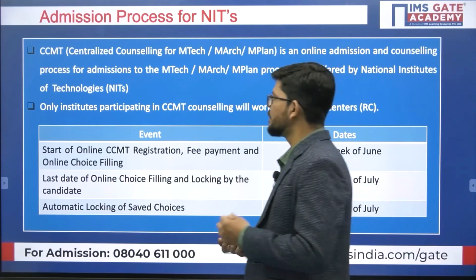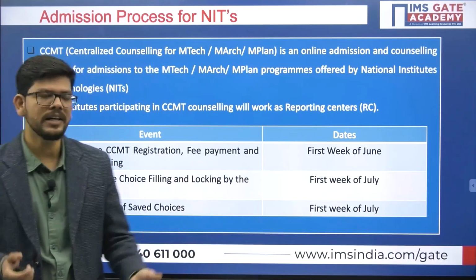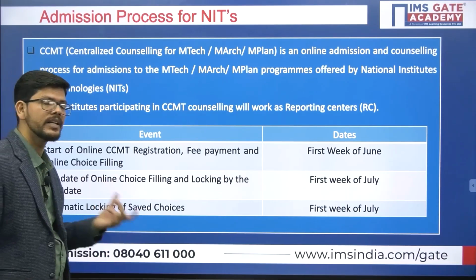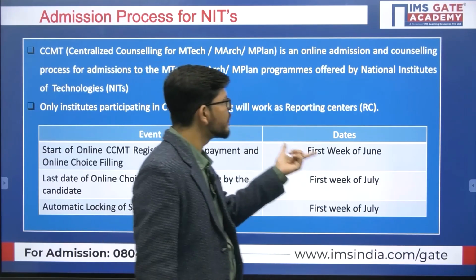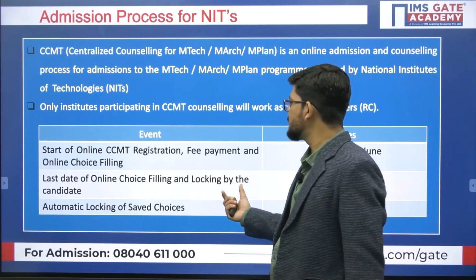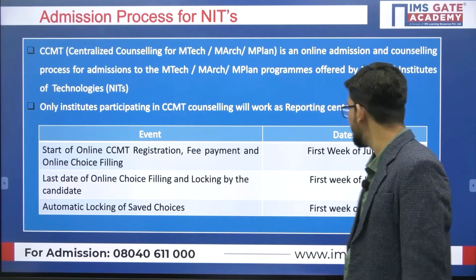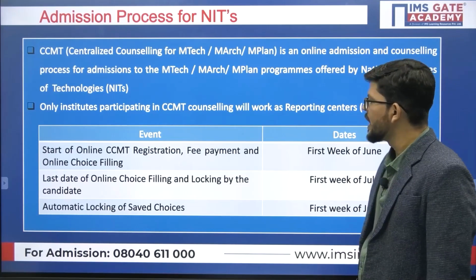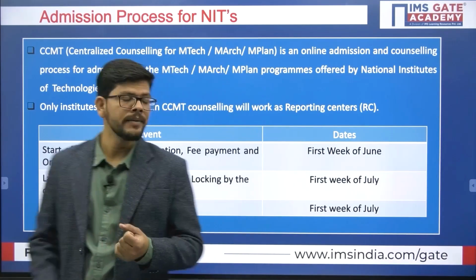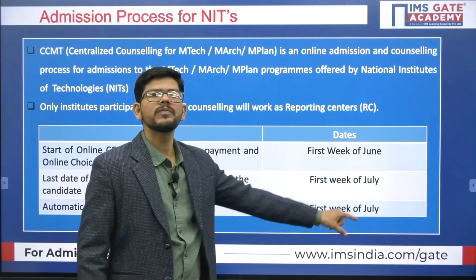Now the question arises, when will this CCMT start? The registration for CCMT, fee payment and choice filling will start probably in the first week of June. The last date of choice filling and locking by the candidate, and automatic locking of the saved choices, will be in the first week of July.